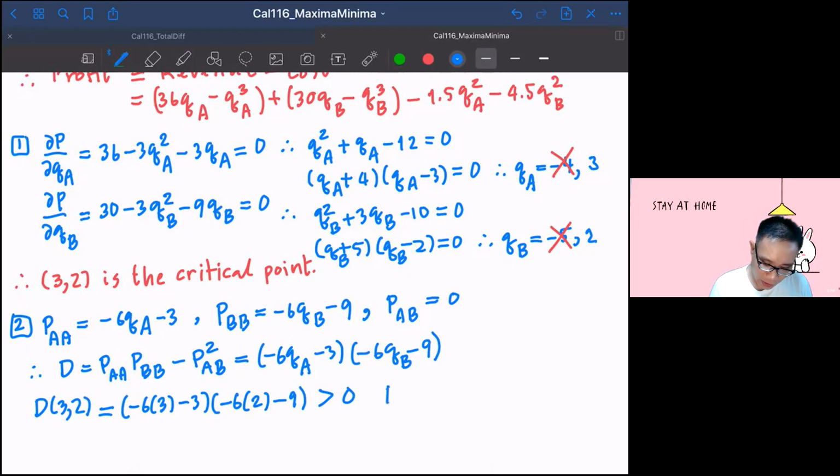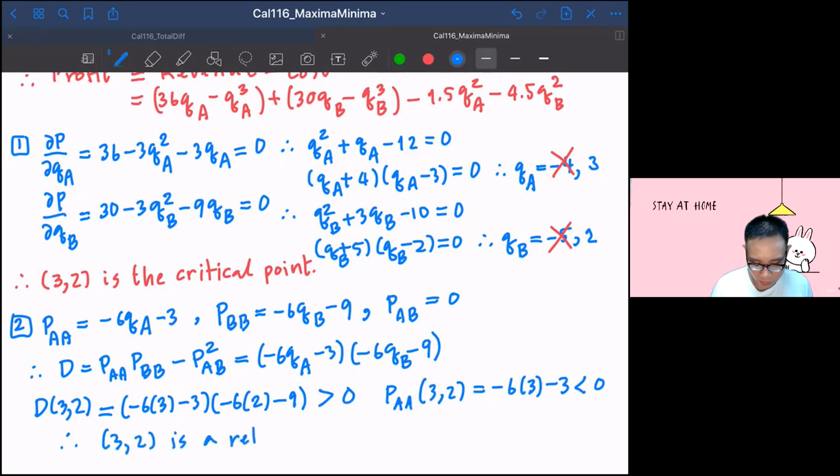And you have PAA at (3, 2) turn out to be negative 6 times 3 minus 3, which is negative. So (3, 2) is a relative maximum.